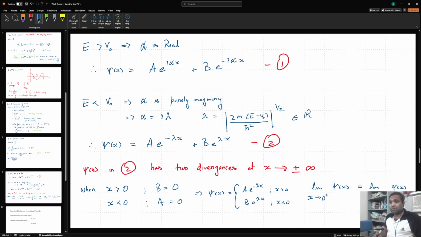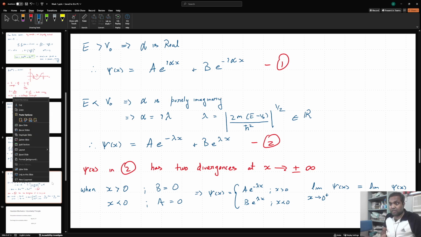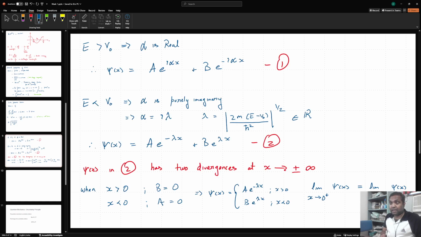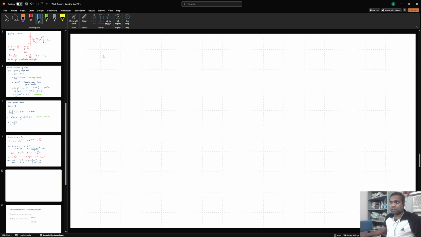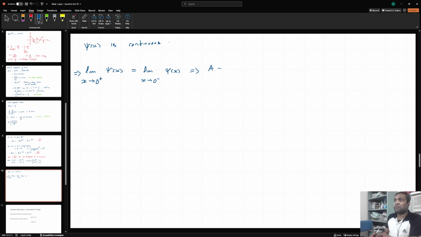So since these two limits have to be equal, by imposing the continuity condition, if I say psi of x is continuous, then that implies this, which further implies a should be equal to b.